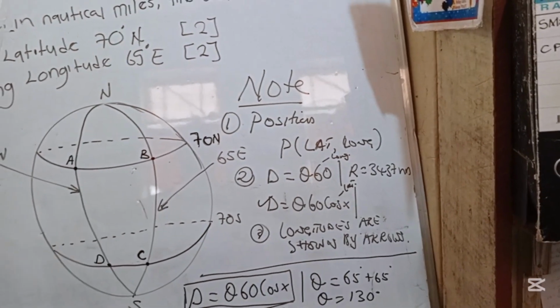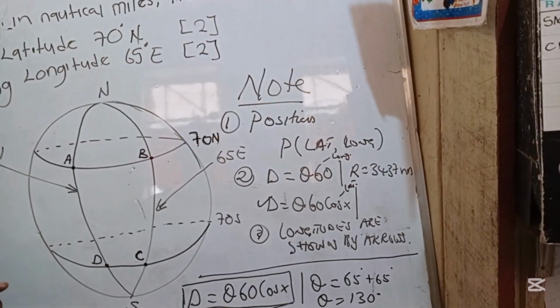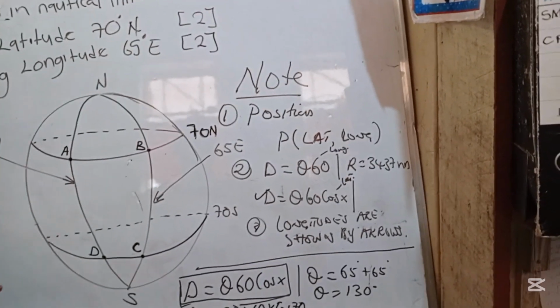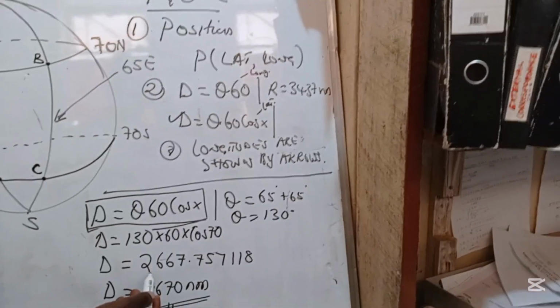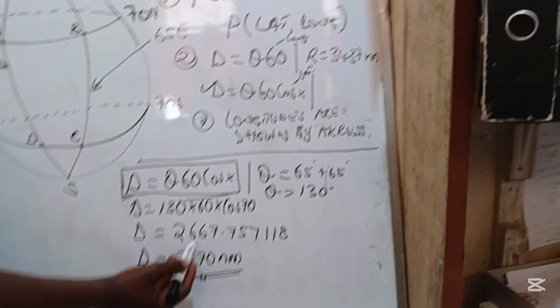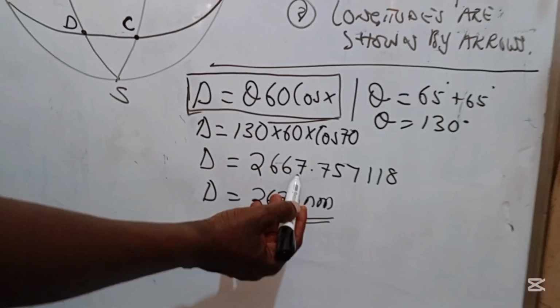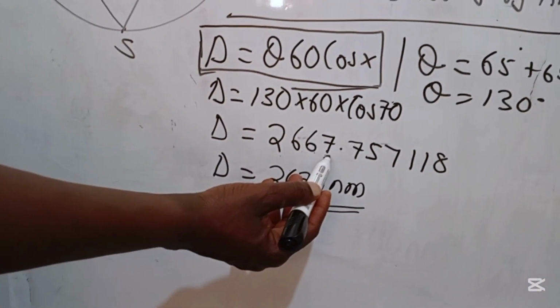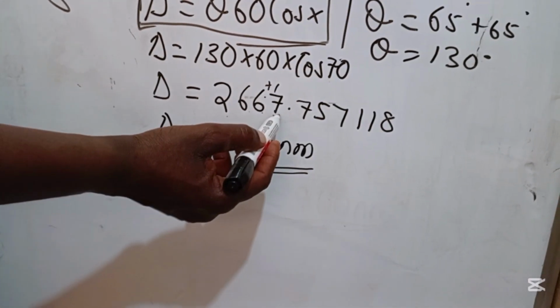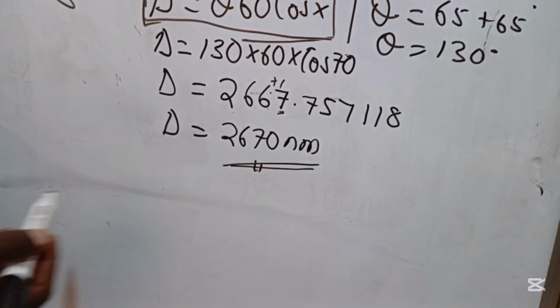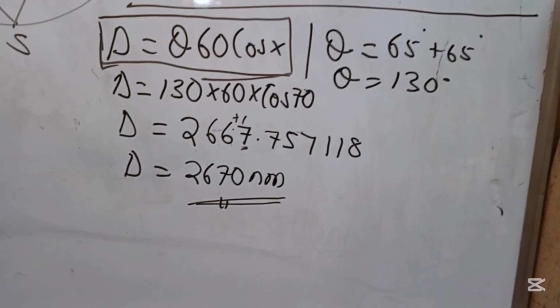Make sure that this figure is written in full. Whatever you see on the calculator, write it there. To 3 significant figures, we start counting from our left. 1, 2, 3. Who's the neighbor? The neighbor is always on the right. We take 1, give it to this 6, and it becomes 7. This is replaced by 0. It means I've corrected it to 3 significant figures.